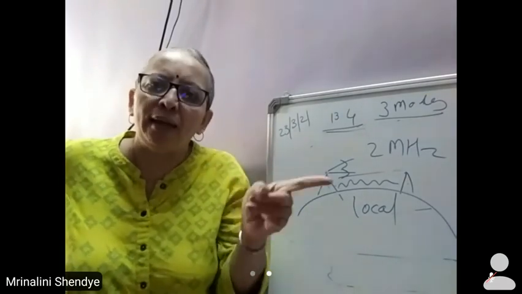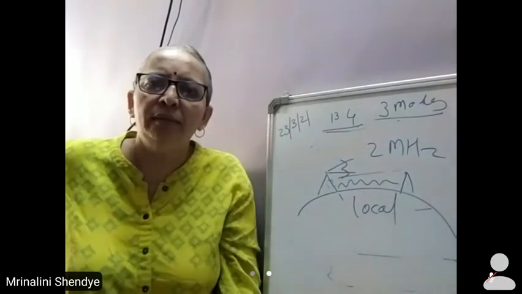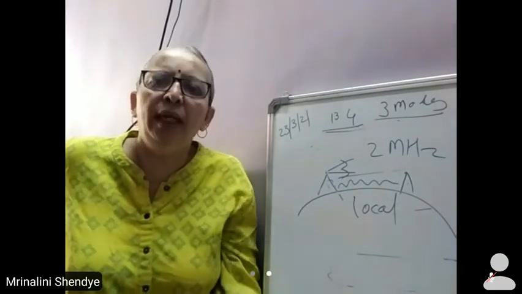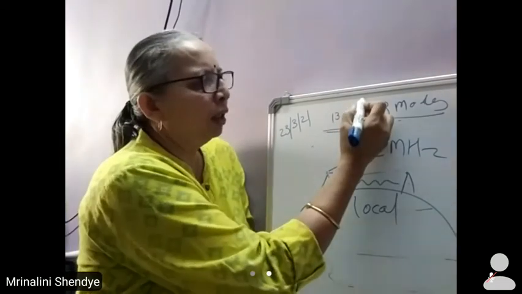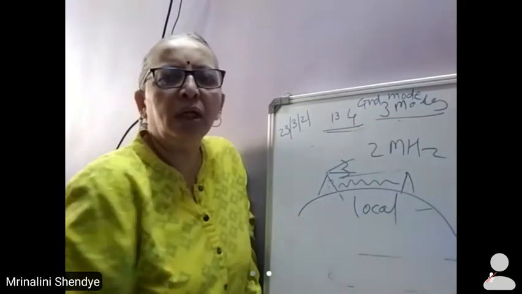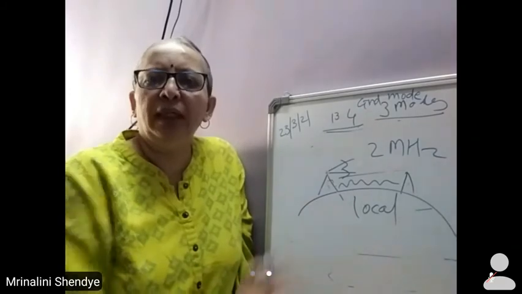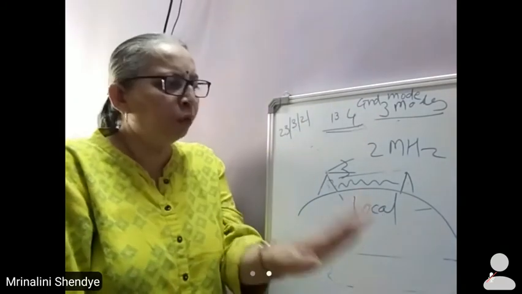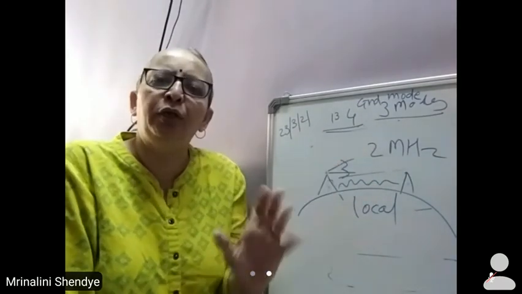So that आकाशवाणी broadcasting, that is called amplitude modulation, is done via ground mode or ground wave propagation. The range is not much, and for that radio waves up to 2 megahertz are used.